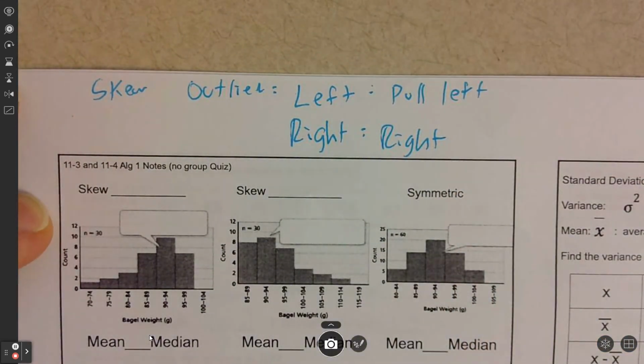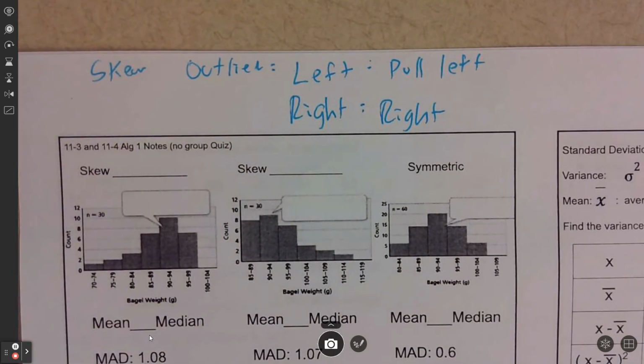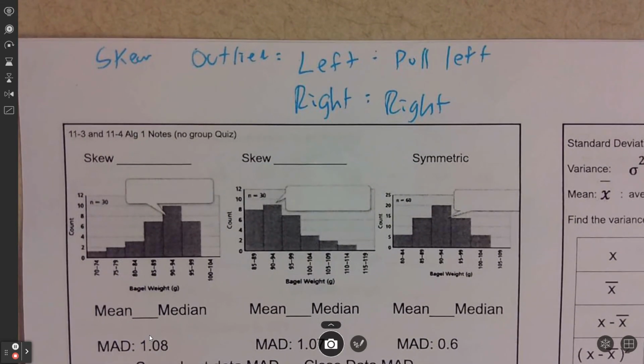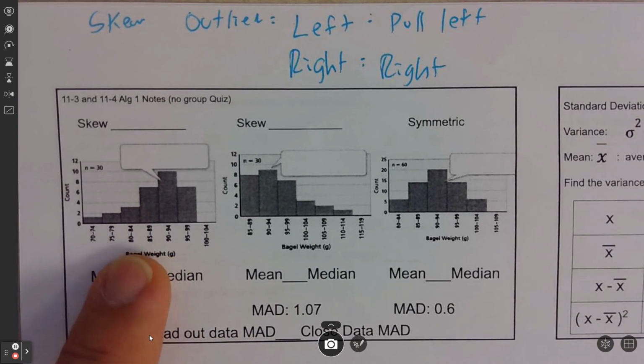I honestly was looking at this yesterday and I was like, wow, I totally had something backwards in my brain. For this next part, looking at this first one, which way is this skewed, left or right? It's skewed left. These are the outliers, the guys that are kind of off.